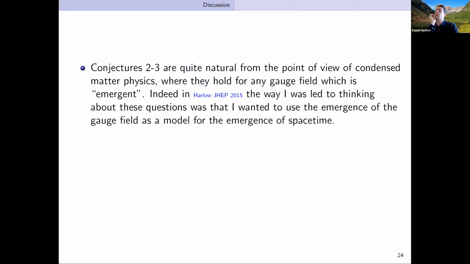I was trying to use the emergence of the gauge field as a model for the emergence of space-time back in 2015. I somehow realized that in this model, you had these conjectures automatically holding for free, and that was what led to the work that I've been describing here. But there are various interesting connections to the way condensed matter physicists think about emergent gauge fields.